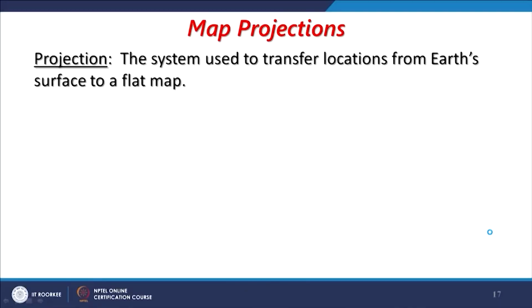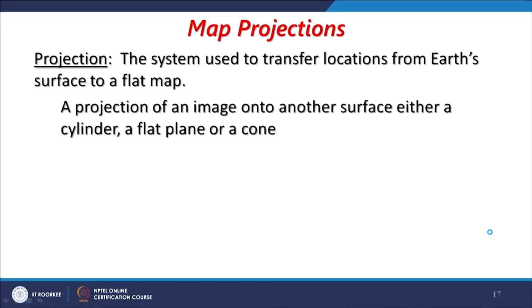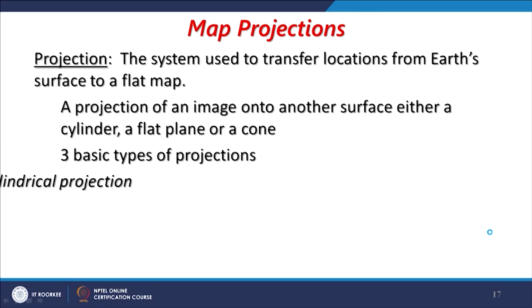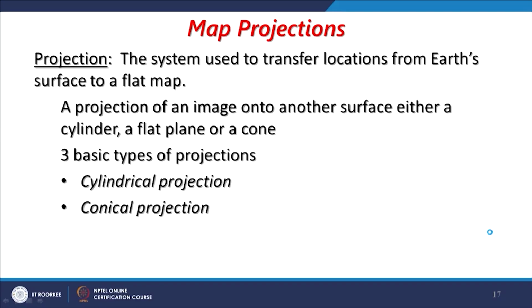Projection systems are basically the systems, computer or GIS, used to transfer locations from the Earth's surface to a flat map, or the projection of an image or satellite image onto another surface, either a cylinder, a flat plane, or a cone, depending on where it is located. The basic types of projections I have already discussed are cylindrical, conical, and azimuthal.